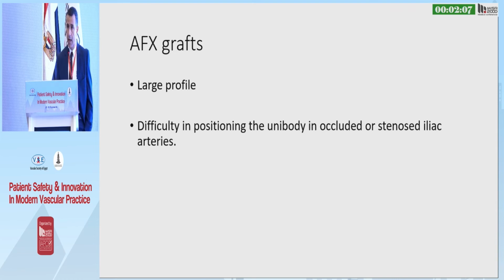However, it comes with a catch because the large profile makes it slightly more difficult.